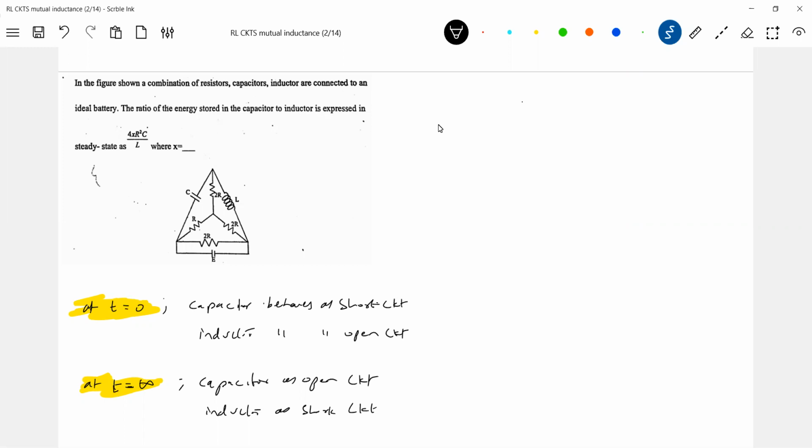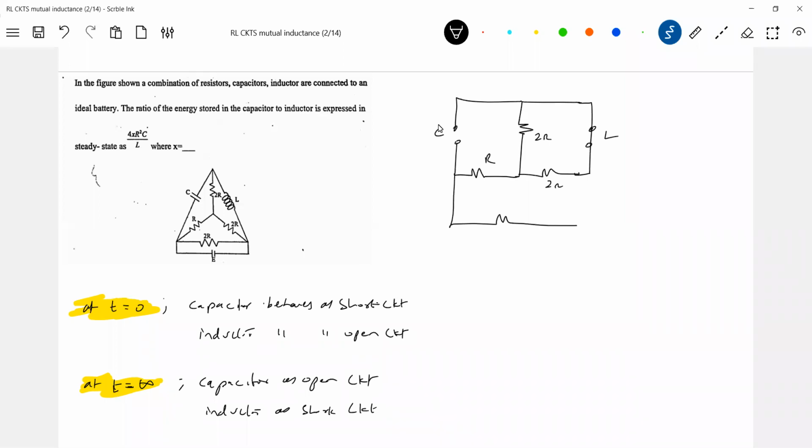So then we have a circuit like this. This is R. This is a capacitor. And this is the inductor. There's a resistor 2R, and here is the inductor. So this is 2R, this is R, and 2R.